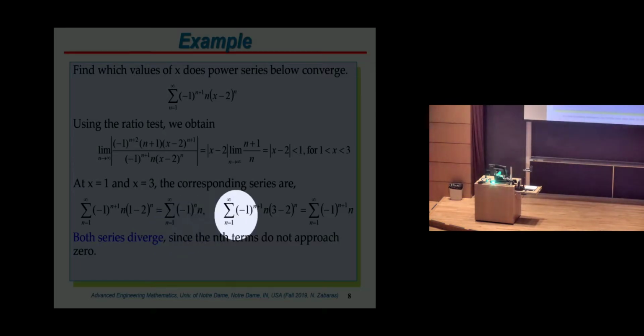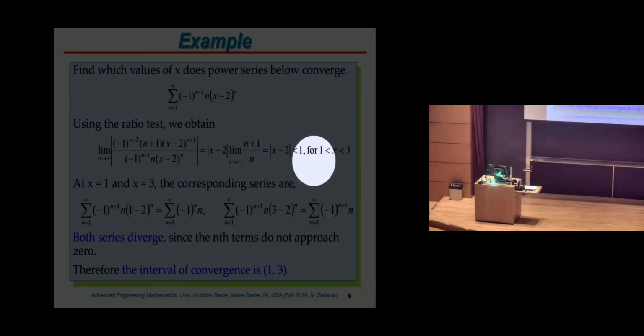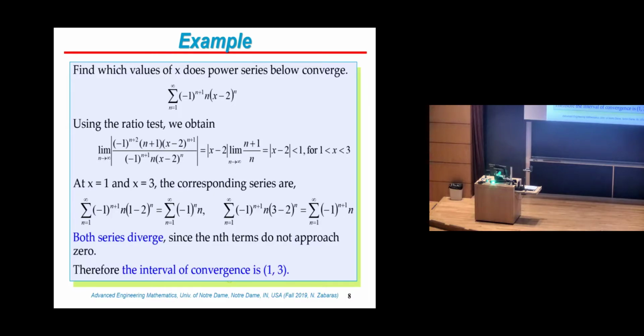This series never converges, both of them. So the range of convergence in this case is indeed between 1 and 3, OK? Between 1 and 3.